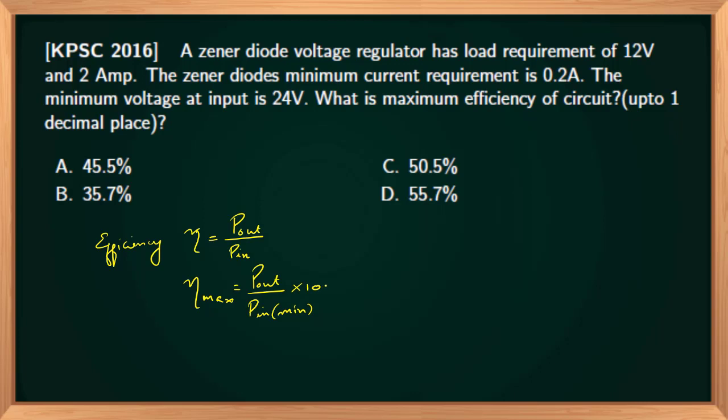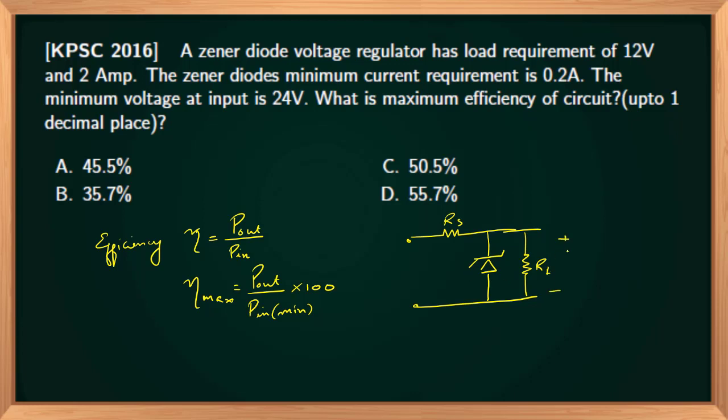It is represented as a percentage. So P out by P in minimum into 100. We draw the regulator circuit using a Zener diode. It consists of a series resistor RS, that is in series with the input supply, and a load resistor RL, that is in parallel with the Zener voltage regulator.